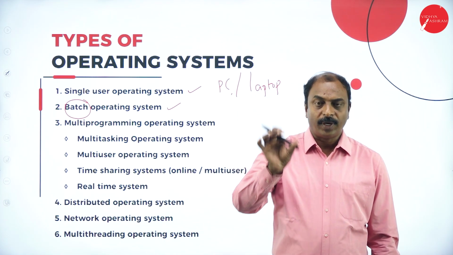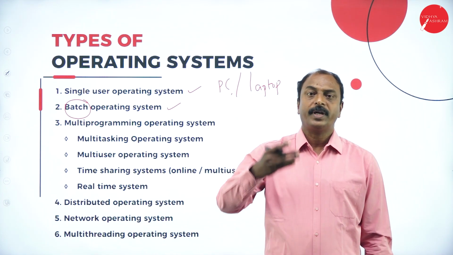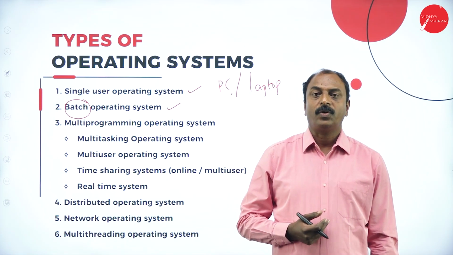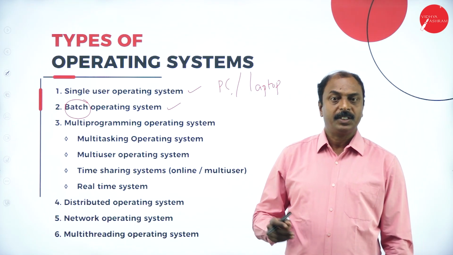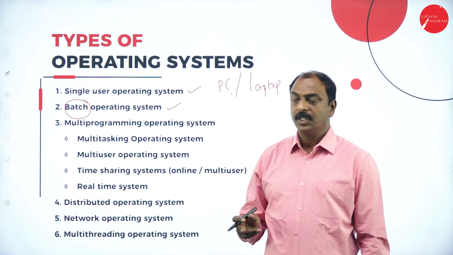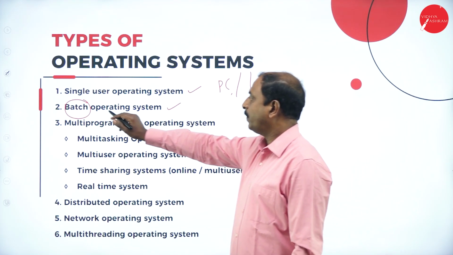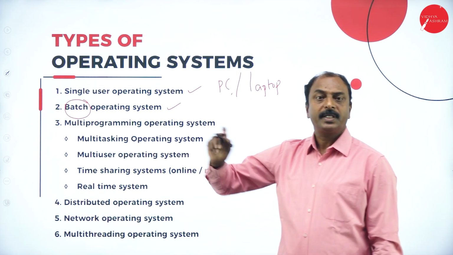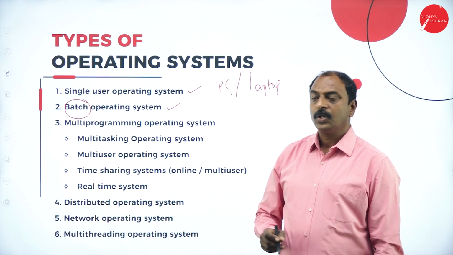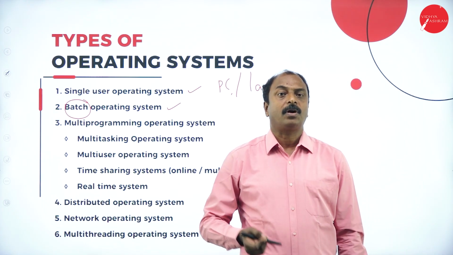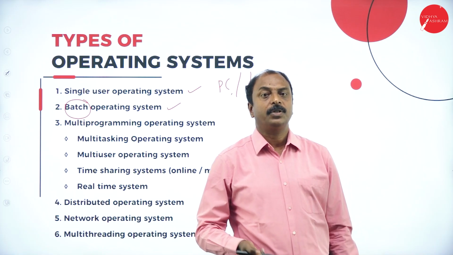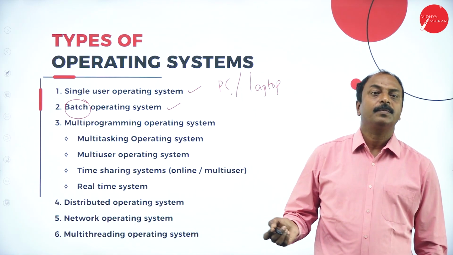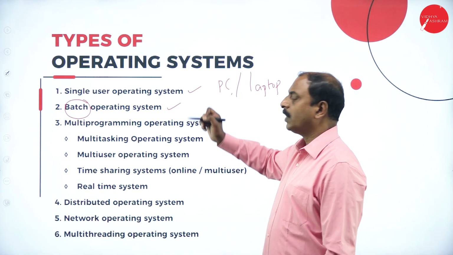In that file, we write different commands or instructions for any particular application or process. So we run this batch file, and the operating system takes responsibility to complete the execution of all the instructions of that batch till it completes the process. That is a type of operating system.